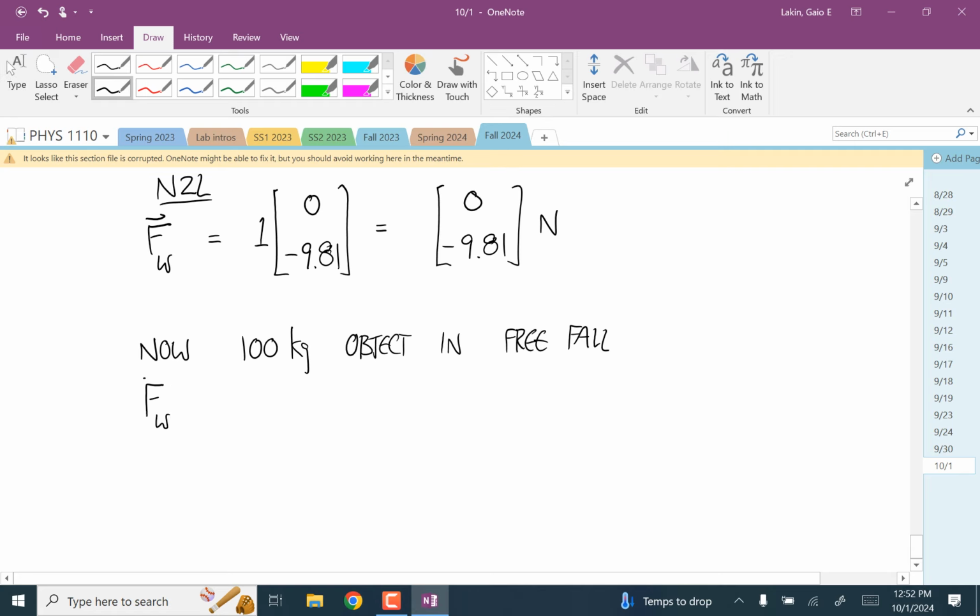So the weight force is equal to the mass, this time 100, times the acceleration. What's the acceleration of a 100 kilogram object in free fall? It's exactly the same, yeah. So this is 0, negative 9.81. And so we get a weight force vector of 0, negative 981 newtons.